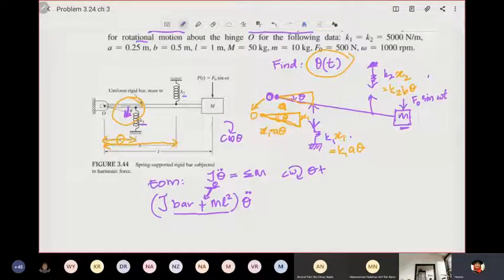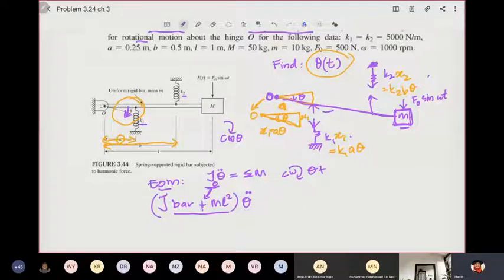In terms of our moments here, we have three forces. Remember, when you want to write the EOM, you are referring to the bar and this system. You are no longer looking at the K2 and K1 you started off with last time.